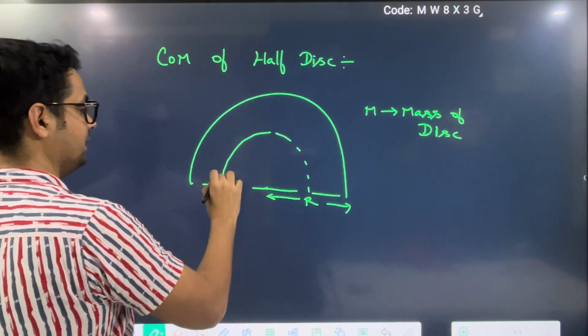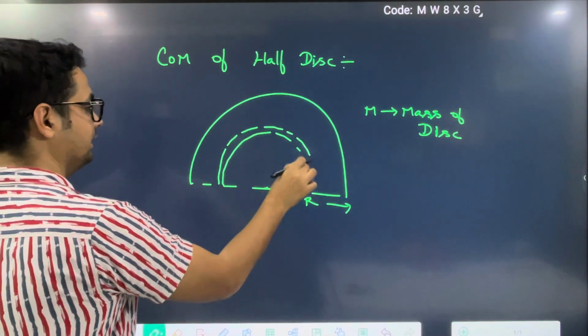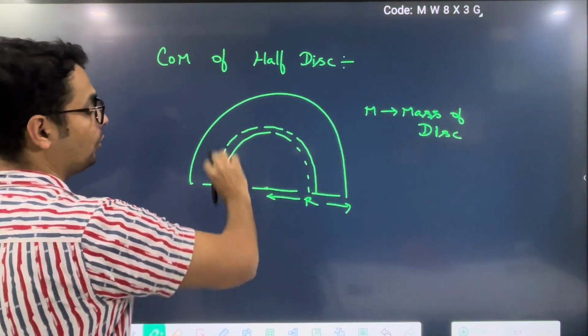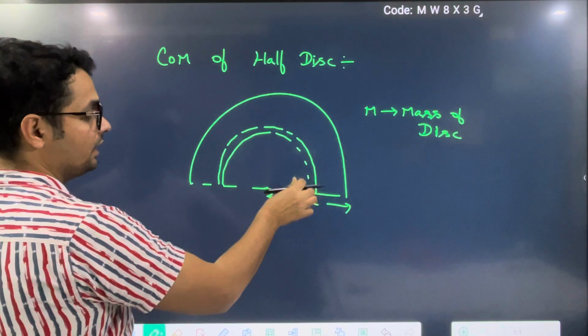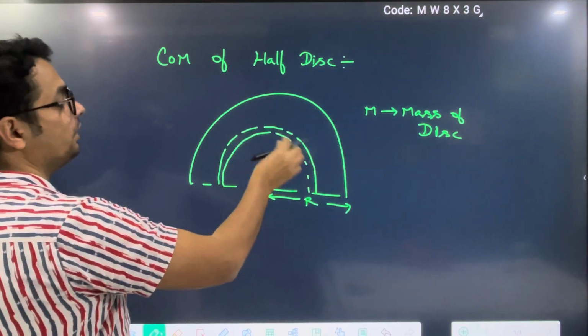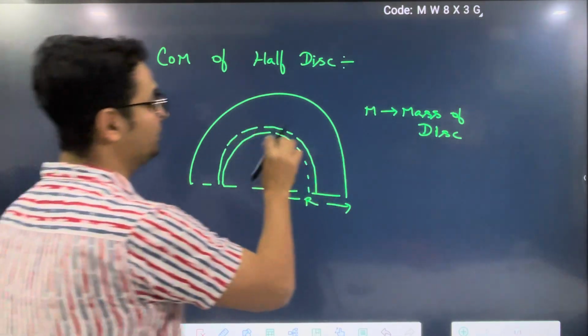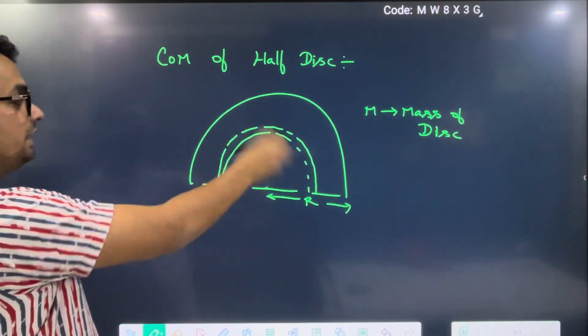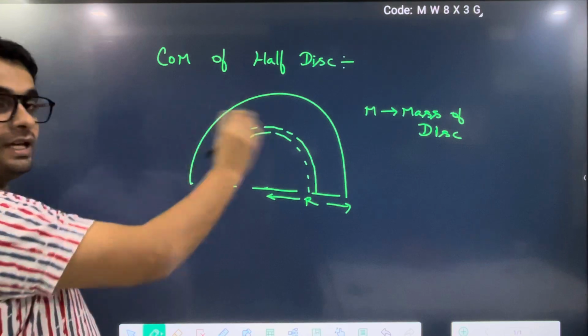Elemental means I divide the whole disk into small parts. That small strip is the elemental part of the whole disk, in the form of a ring.